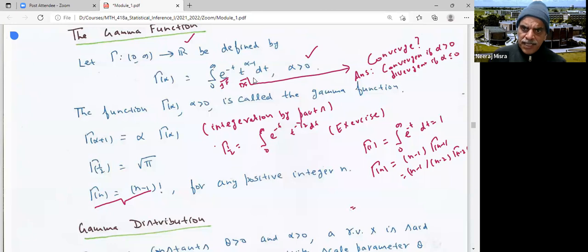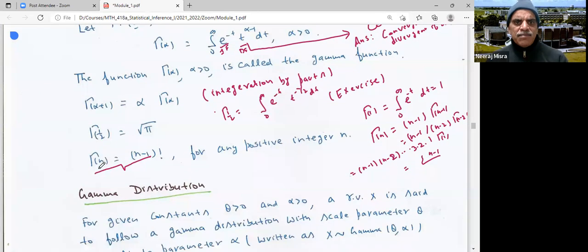So keep on doing this. This will become n minus 1, n minus 2, go up to 3, 2, and you will get 1 times gamma of 1. But gamma 1 is 1. So it becomes 1, 2, 3, up to n minus 1. So gamma n is the same as factorial n minus 1.